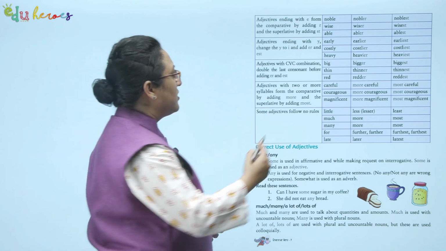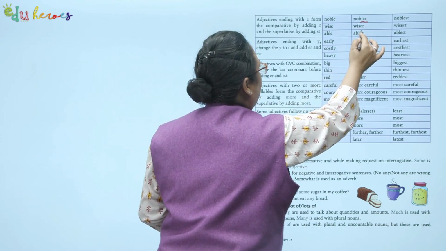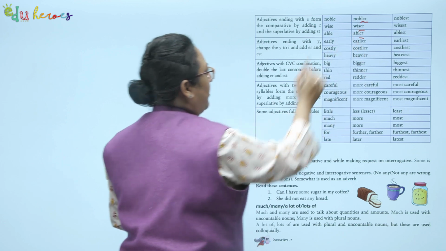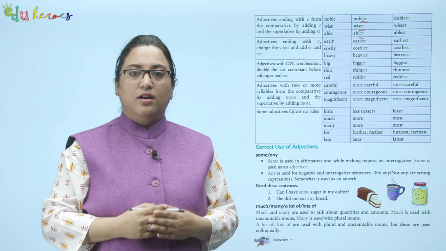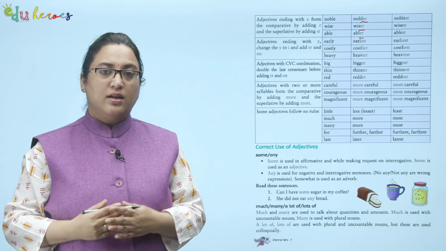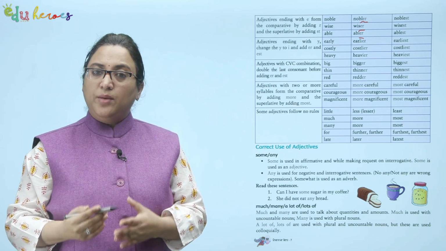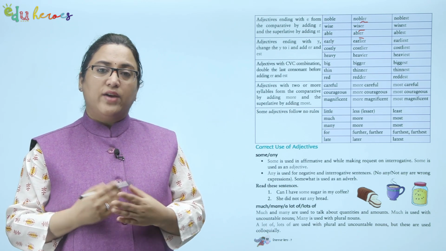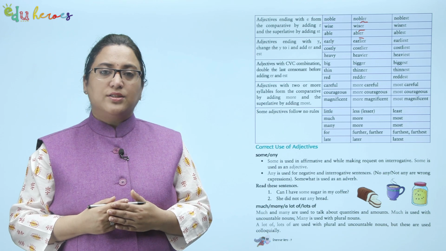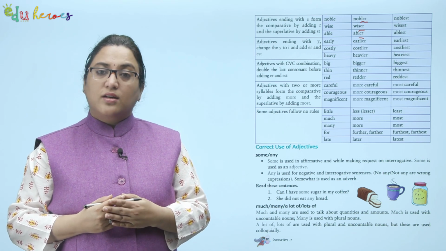So here you will see only r is added and there only st. Wise, wiser, wisest. Able, abler, ablest. So this is very easy to remember, and this will also help you to write correct spellings.